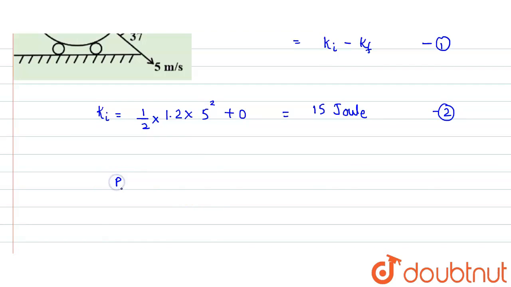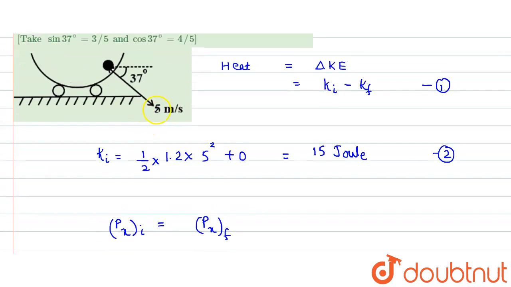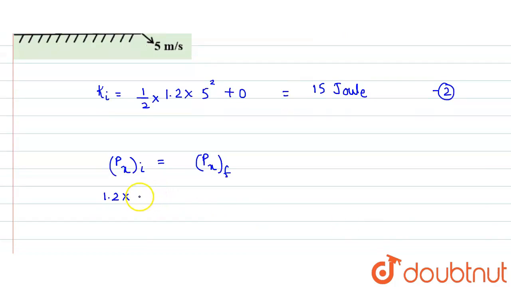So the initial momentum in the x direction equals the final momentum in the x direction. What is the initial momentum in the x direction? It would be the mass of the projectile, which is 1.2, into its velocity in the x direction. This velocity is making an angle of 37 with the horizontal, so the component is 5 cos 37.